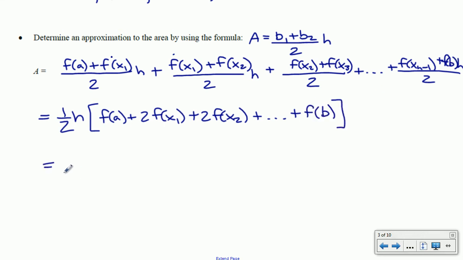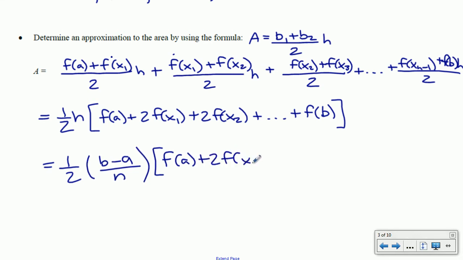So if we tweak this a little bit, expressing h as b minus a over n, this is what we have on our formula sheets. So f at a plus 2 f at x1 plus so on plus f at b.